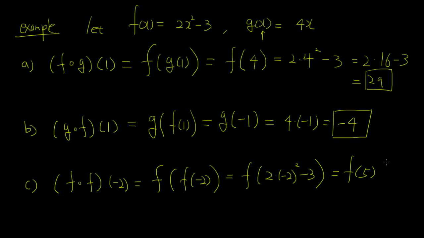Right? It's just a little bit big number. Well, it's actually a very small number, right? So instead of putting x, now you're going to replace that by 5. So it'll be 2 times 5 squared minus 3. So that's 25 times 2, 50, minus 3, 47.